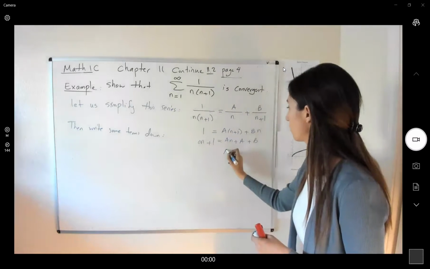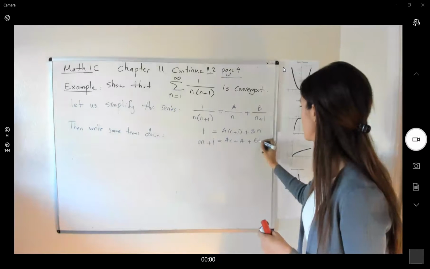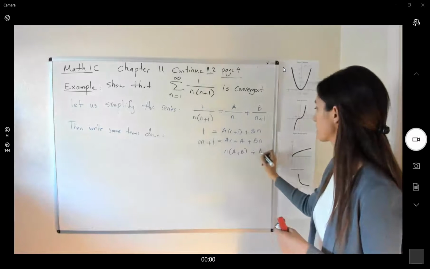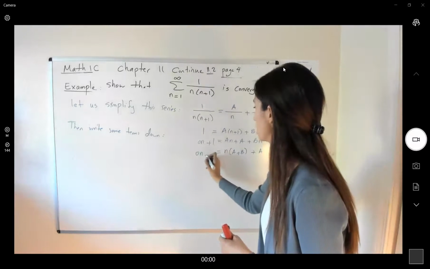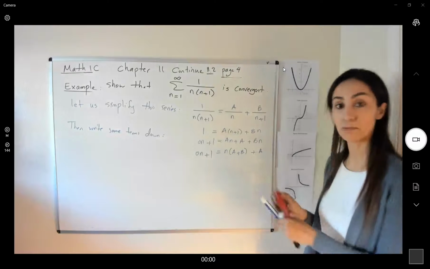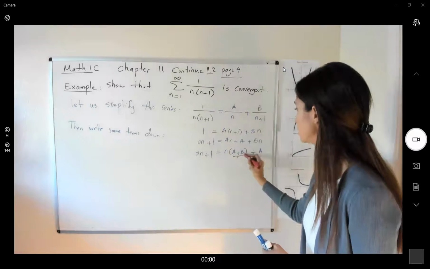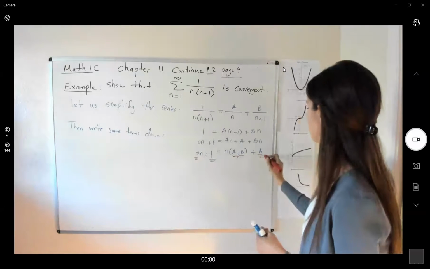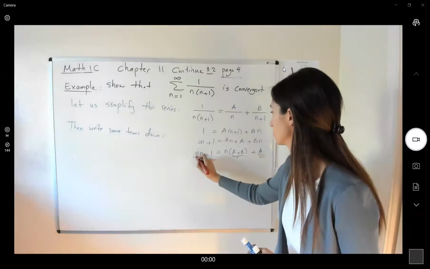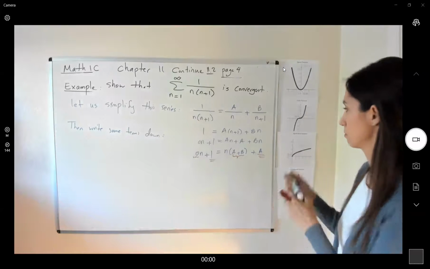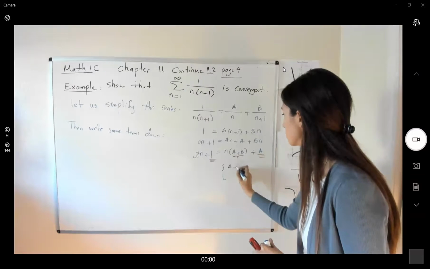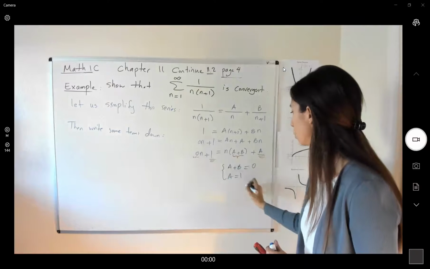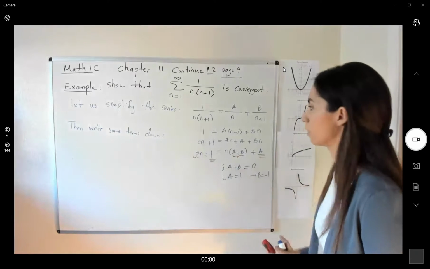If you factor out n, you get a plus b times n plus constant a equals 0 times n plus 1. What's the meaning of that? It means that a plus b is equal to 0 and a is equal to 1.